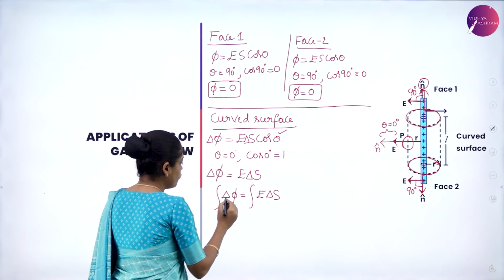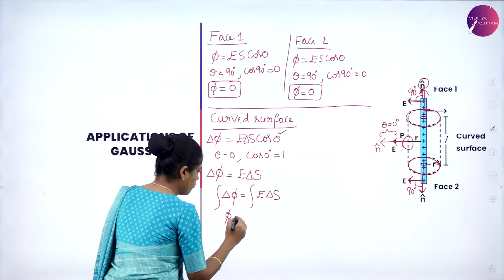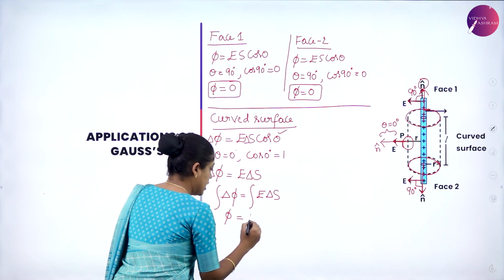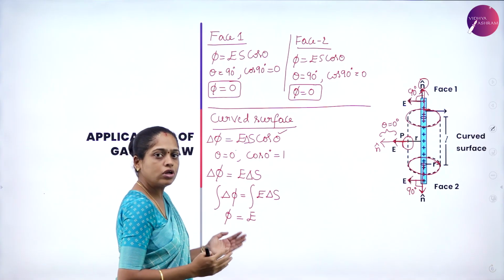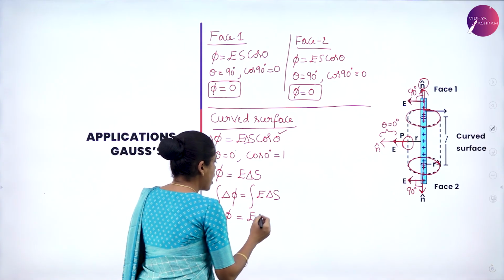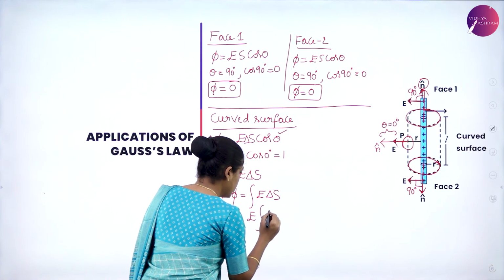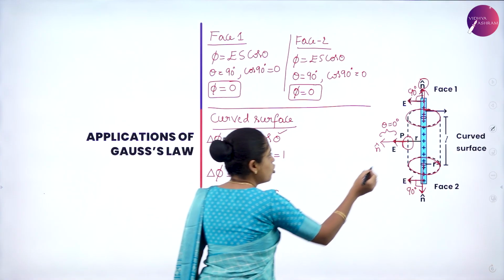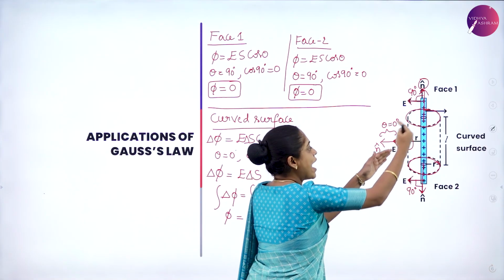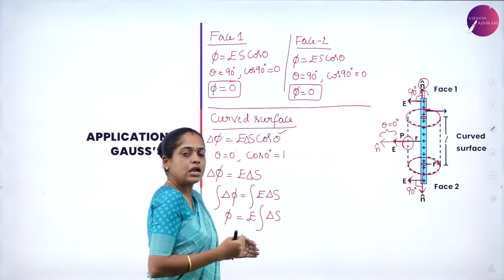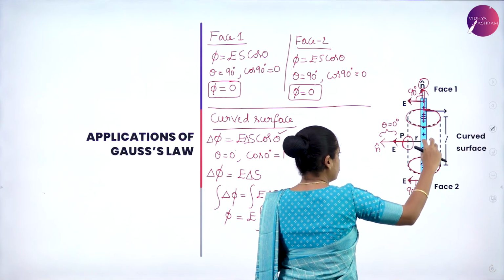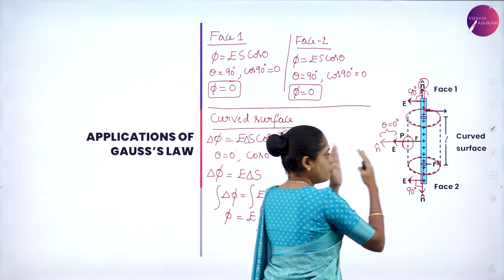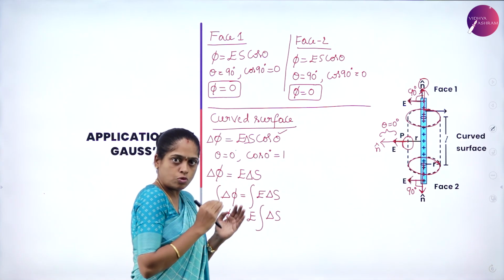So the integration of delta phi is phi, which is equal to E, the electric field, which is constant throughout the curved surface. Then integrate delta S, that is the small portion you are going to add. Integration is nothing but addition. You have to divide the curved surface into small portions and add all of them.